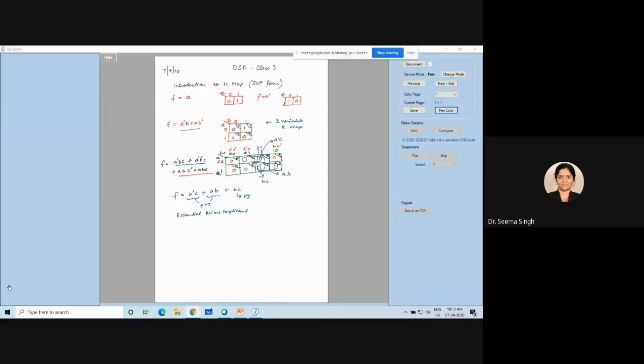I will take the question which you did in the last class, where you understood canonical SOP form. You remember, you all have done canonical SOP form with this, right?